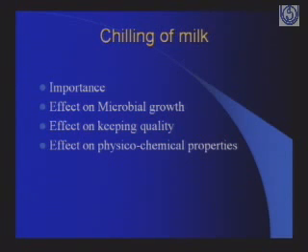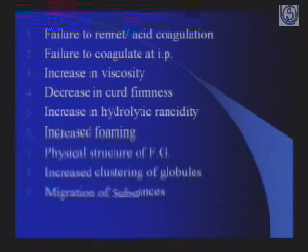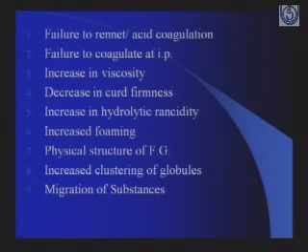So when the milk is chilled, the colloidal minerals are shifted to the dissolved state, and as a result, the clotting of milk either by addition of acid or addition of rennet will be slower. It will take a longer time. Failure of rennet or acid coagulation: milk may not clot with the addition of rennet or acid, or it may take longer to coagulate.